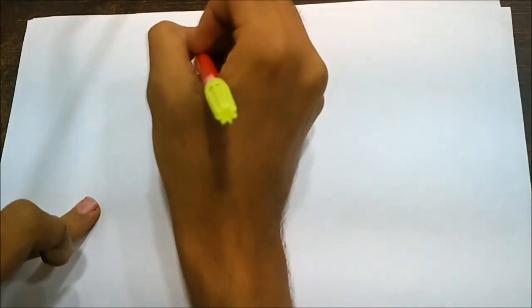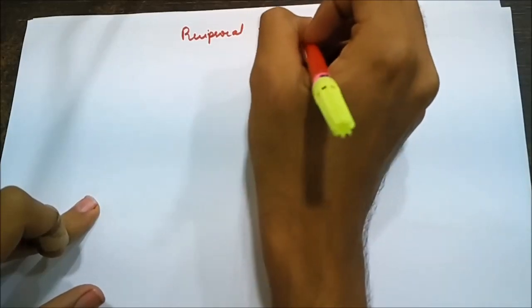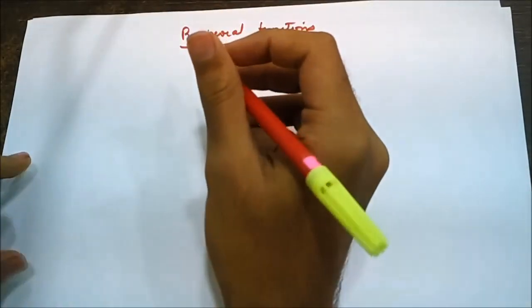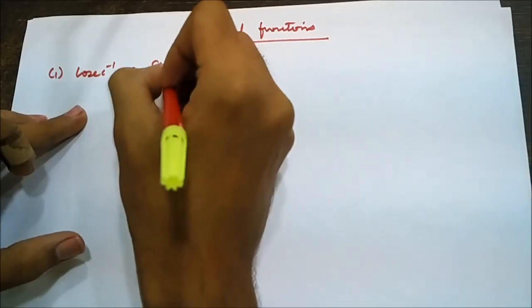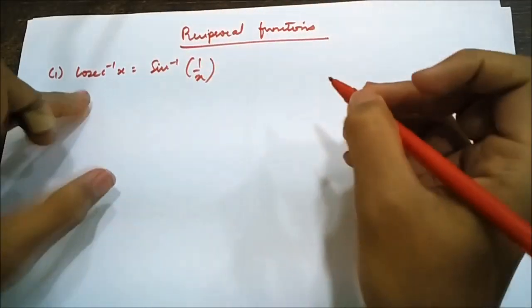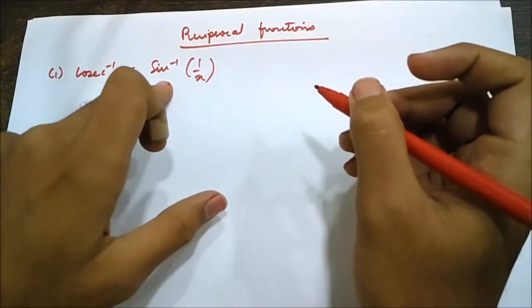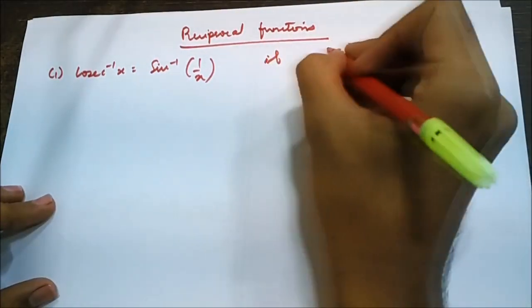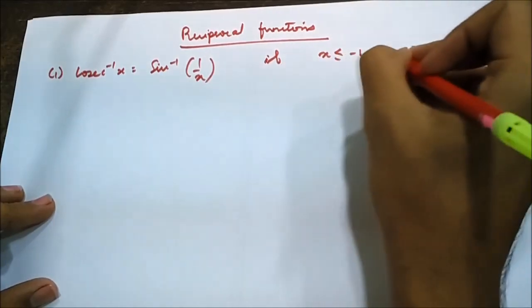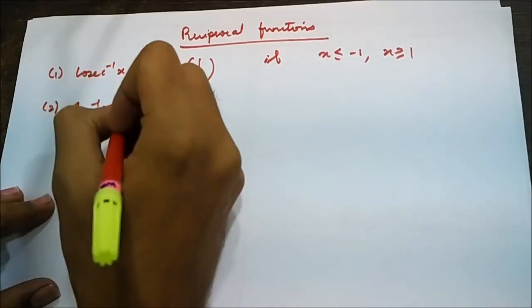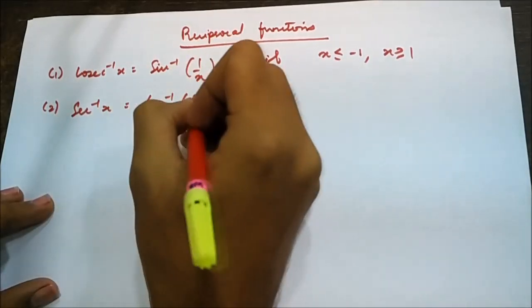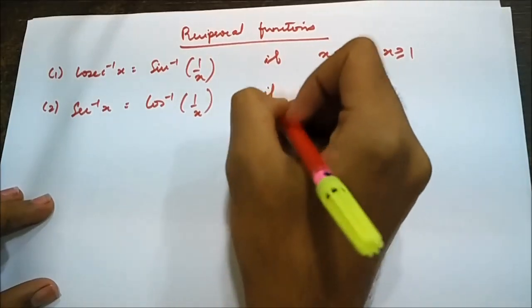Now we'll see the reciprocal functions in the inverse trigonometric, the first one being cosec inverse x. Cosec inverse x can be written as sine inverse 1 by x if x is less than or equal to minus 1 and x is greater than or equal to 1. The second thing is sec inverse x is equal to cos inverse 1 by x under the same condition.